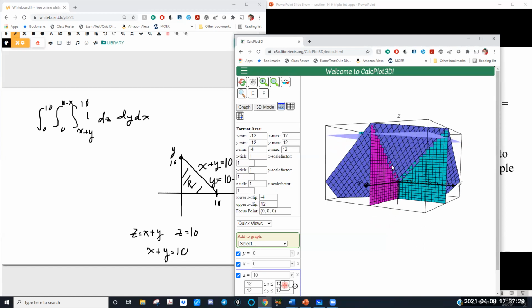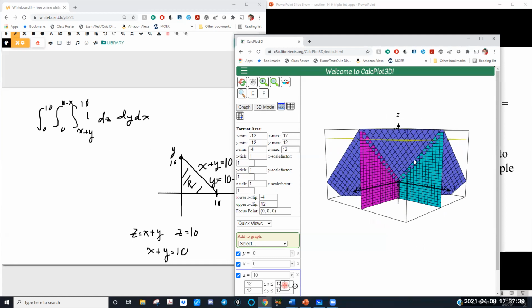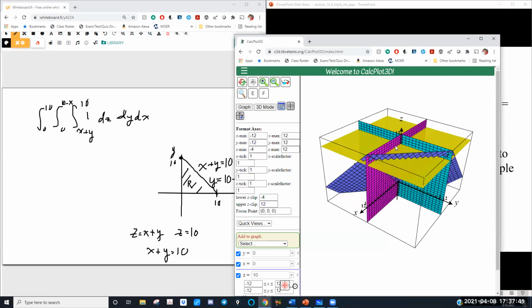This is the X plus Y, this triangular shape here. That's the piece that comes through. It forms the bottom of our 3D region. So that's why it's the lower limit. This yellow plane is Z equals 10, and we can see it forms the top. So that's why X plus Y goes on bottom, 10 goes on top.